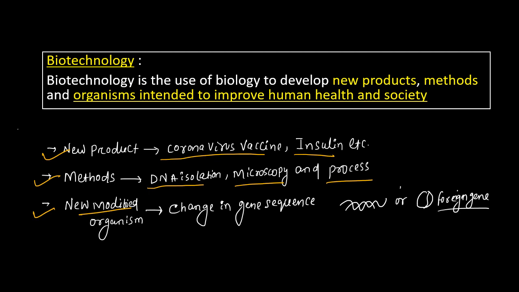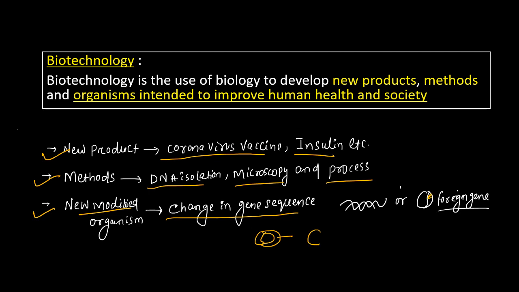Next one is new modified organism. So what is a new modified organism? That is where we change the gene sequence of an organism. That means if this is an organism and it contains DNA, we change the sequence of the gene or we add a foreign gene.